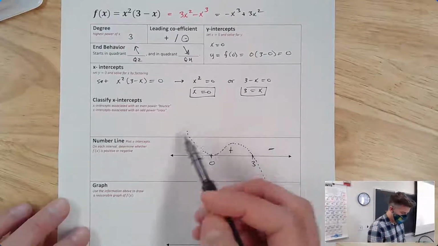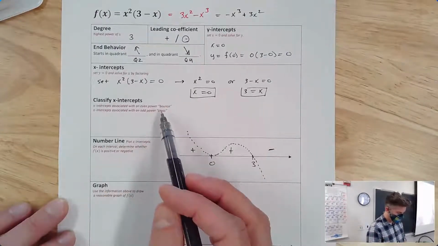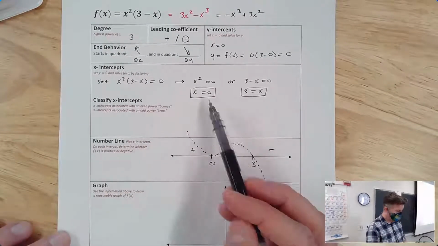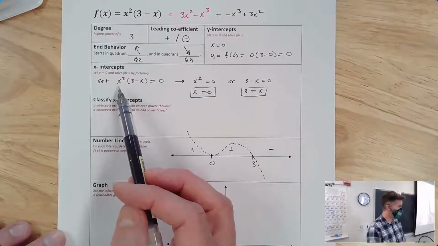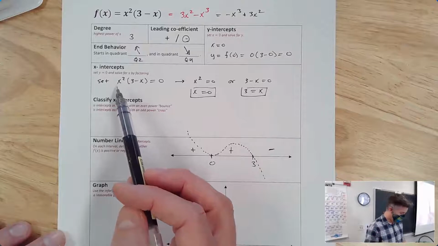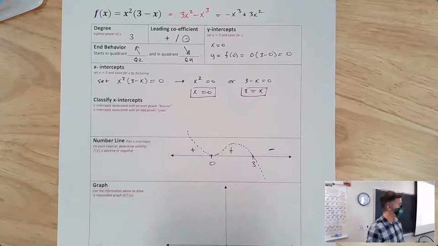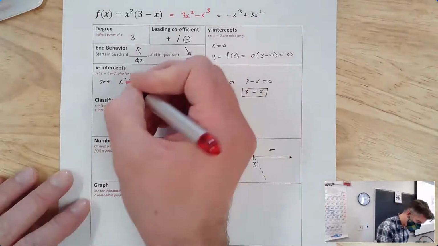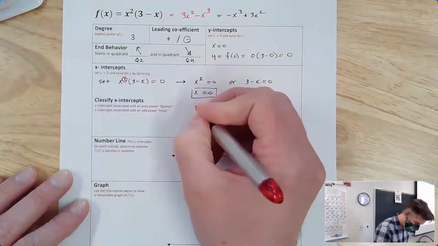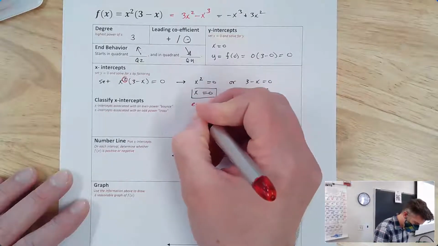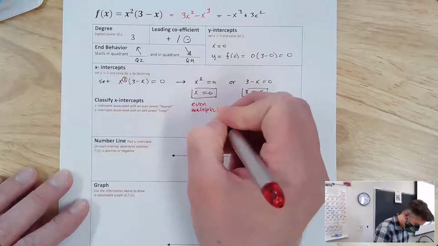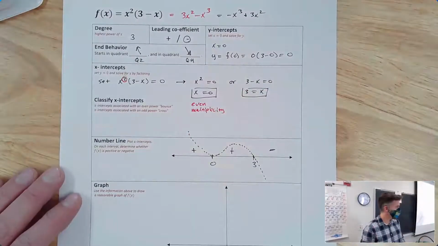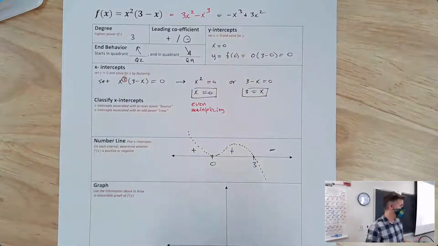The thing above this about classifying the x-intercepts is the following. So x equals 0. It came from x squared, right? We got it by setting x squared equal to 0. That has an even multiplicity because the power is even. So that 2 there means we have an even multiplicity for that factor, because you have x times x an even number of times.